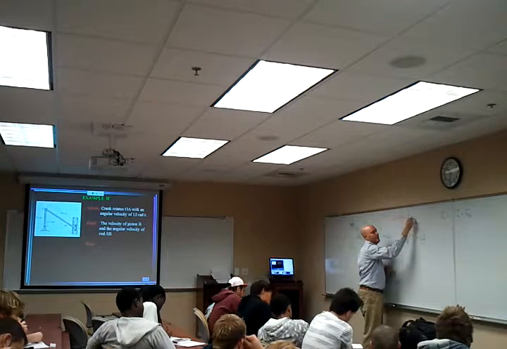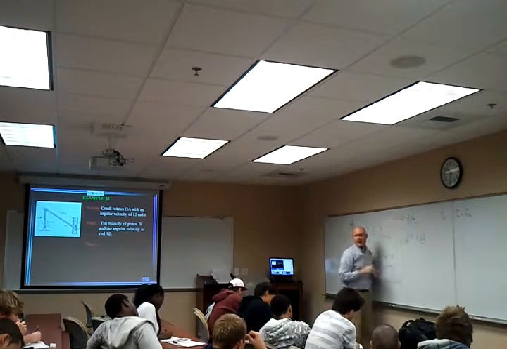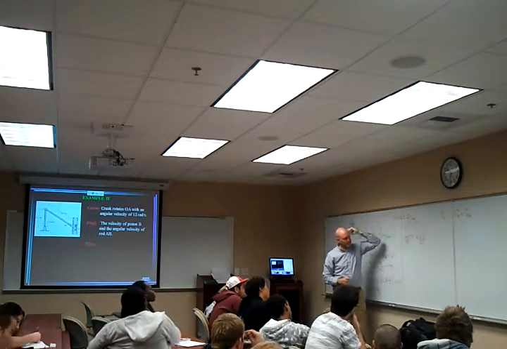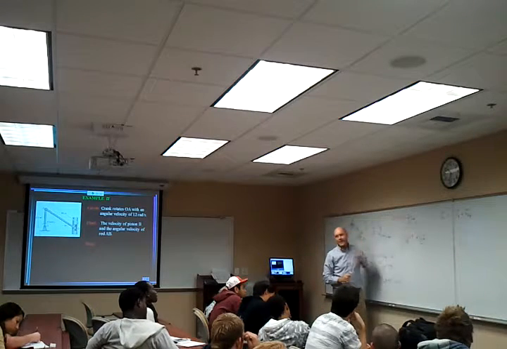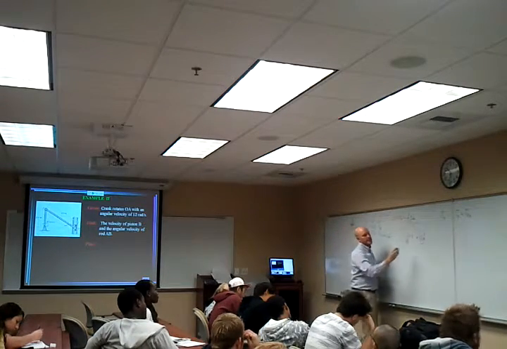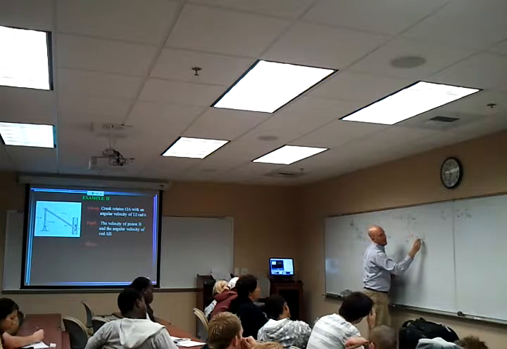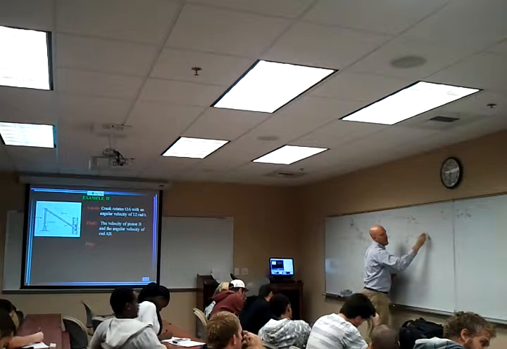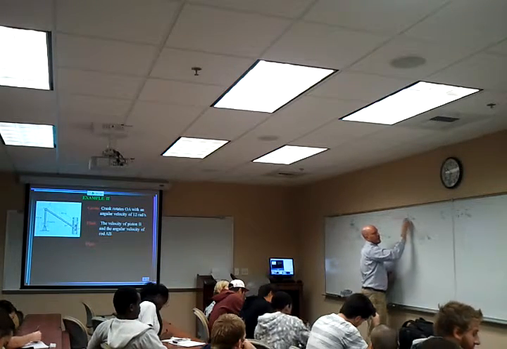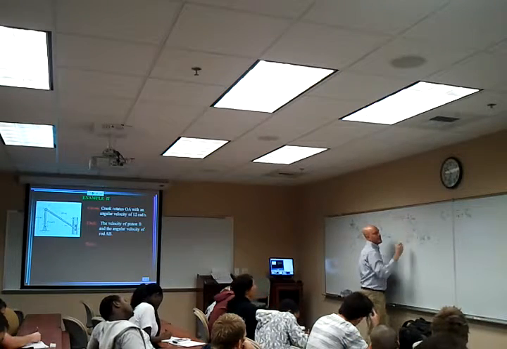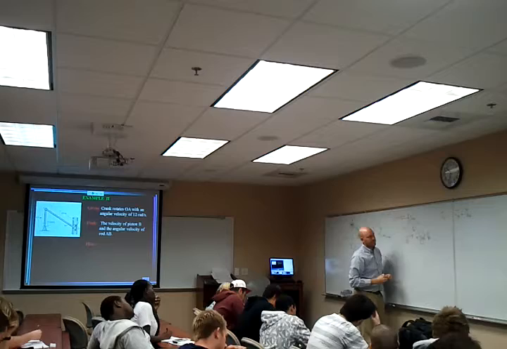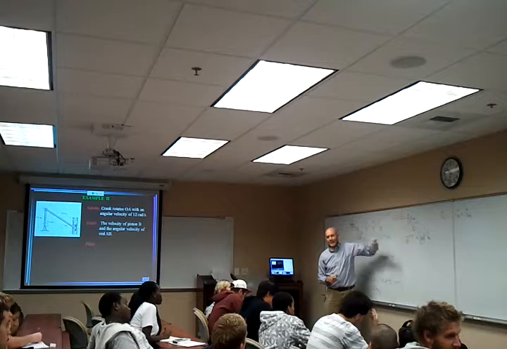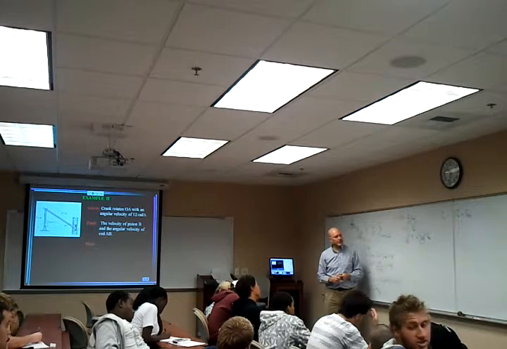This is omega AB, and we're assuming counterclockwise. Why? That's the right-hand rule. Positive would be out of the board. So what's the velocity of B with respect to A? It's going to be perpendicular to AB. BA is to the left, VB is up, so VB with respect to A is up and to the right.